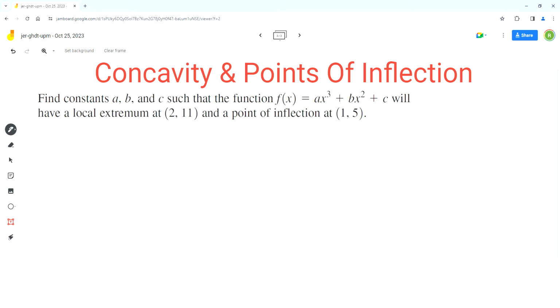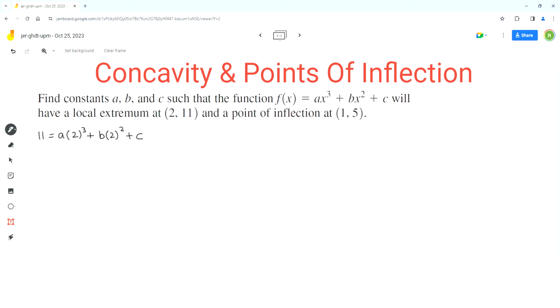So that means we can sub in the function value as 11 and x as 2 in this given function equation. So we get 11 equals a times 2 cubed plus b times 2 squared plus c.